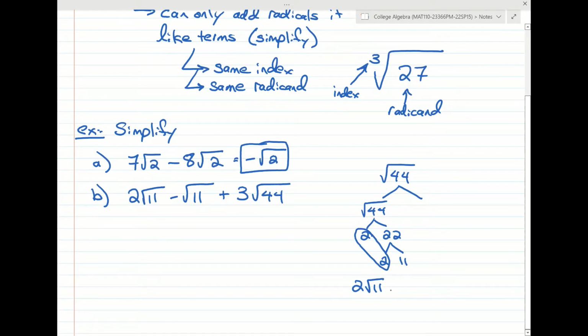The other way we talked about simplifying a radical is to find the largest perfect square that goes into it, which would be 4. Square root of 4 is just 2. You wind up with the same answer no matter how you do it. So going back to our problem, we have 2 square root of 11 minus the square root of 11 plus 3 times 2 square root of 11. 2 square root of 11 is what we simplified.